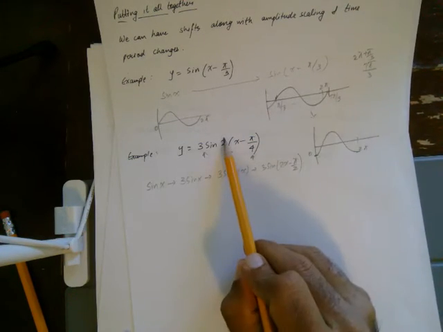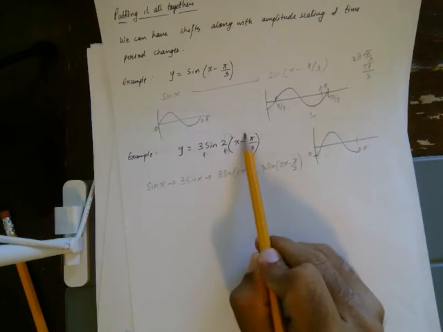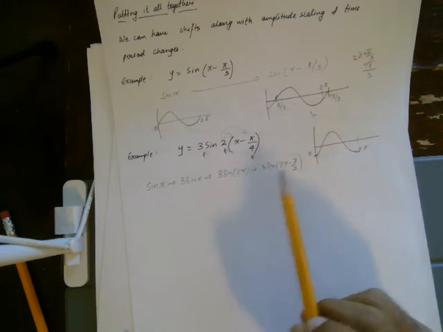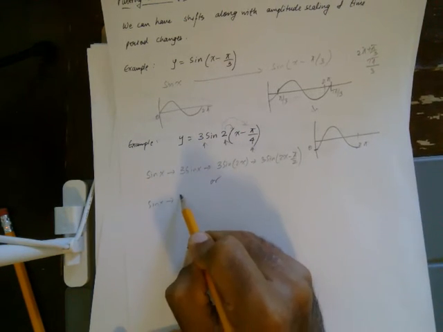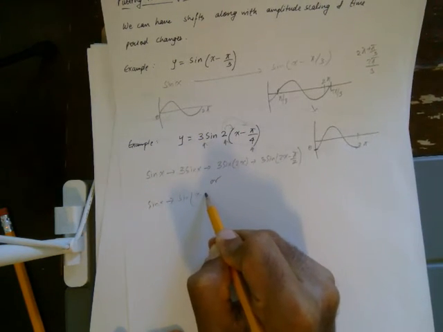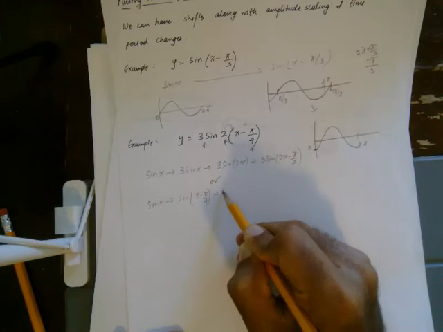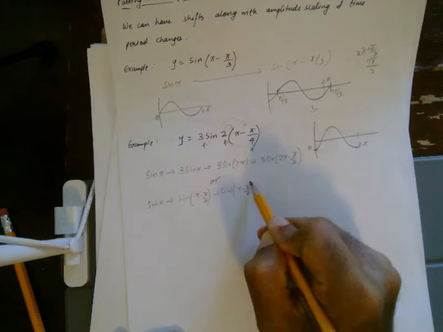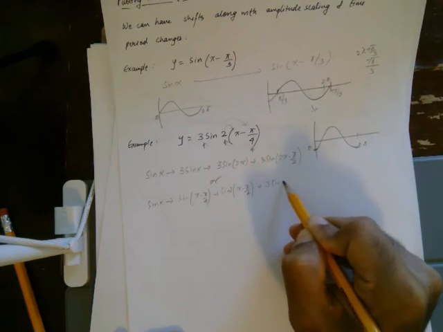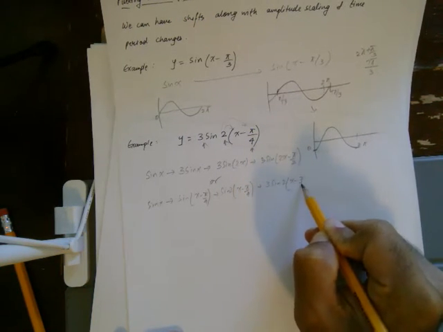Right, because if you distribute this 2, this is 2x minus pi over 2. Or you can also go sine x to sine x minus pi over 4 to sine 2 times x minus pi over 4 to 3 times sine 2 times x minus pi over 4.